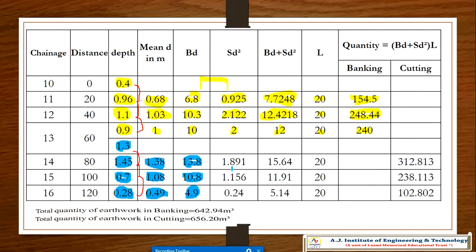Isn't it so? Now if you concentrate on SD square, where S is equal to 1, D square is 1.38 into 1.38, that is 1.38 square. So the answer will be like that. This answer should be added with BD plus SD square, 15.164, 11.94, 5.14 you will get.